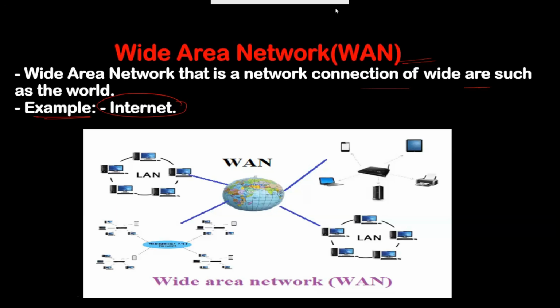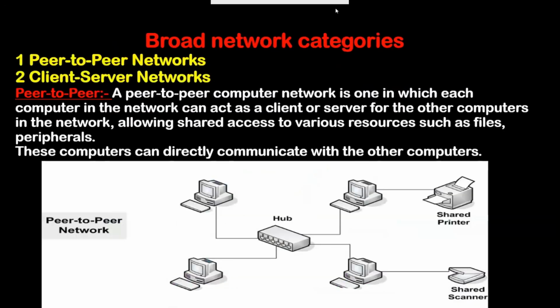So now the next thing is if we consider the network according to the network configuration. We have two types of network: peer-to-peer network and client-server network. So what's the meaning of peer-to-peer? A peer-to-peer computer network is one in which each computer in the network can act as a client or server.